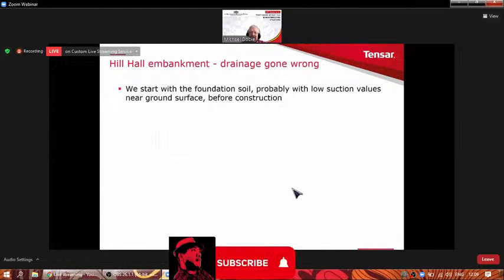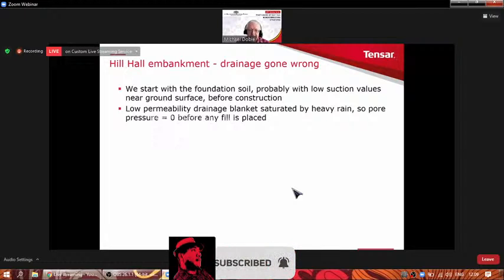So what happened, and this is mainly or partly my own kind of picture of what probably happened, is that with foundation soil, the field lying there, and probably the top of the foundation soil would have low suction values, but production started. Then this rather low permeability drainage blanket was placed, sat there for quite a long time in heavy rain, and it got saturated.